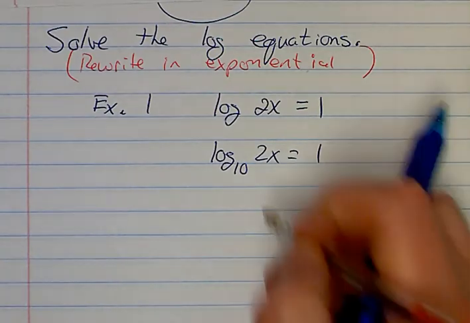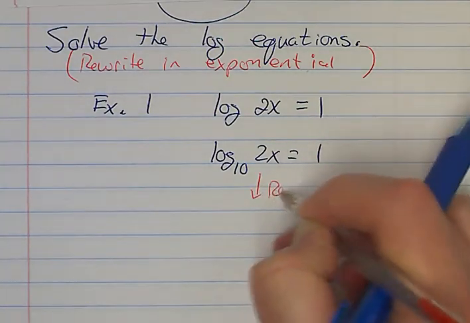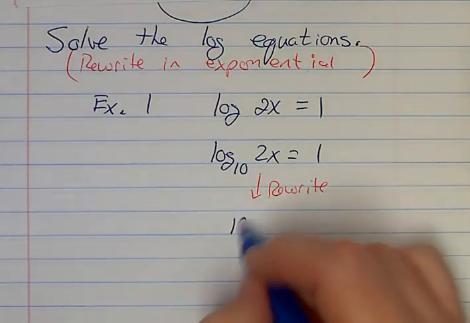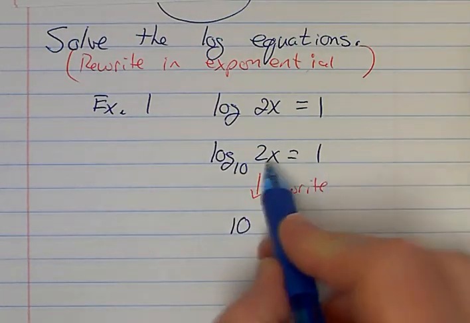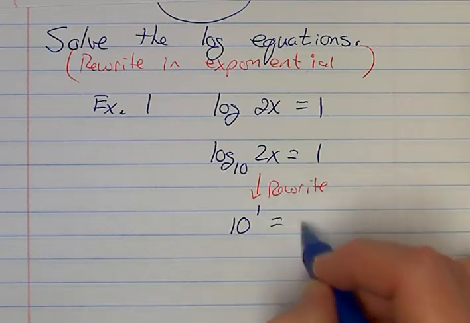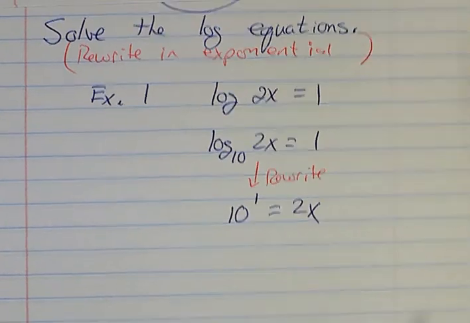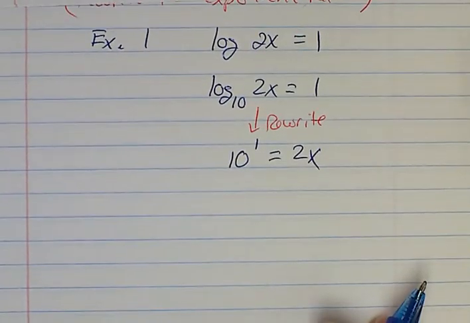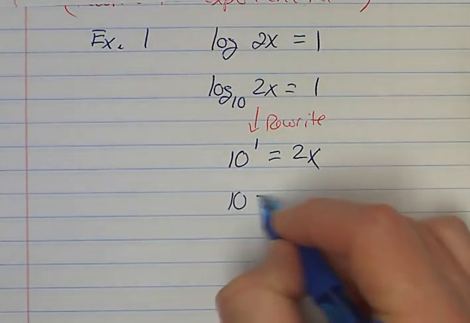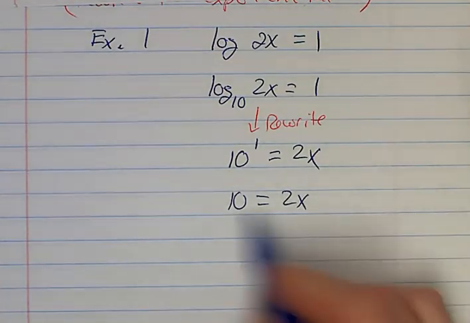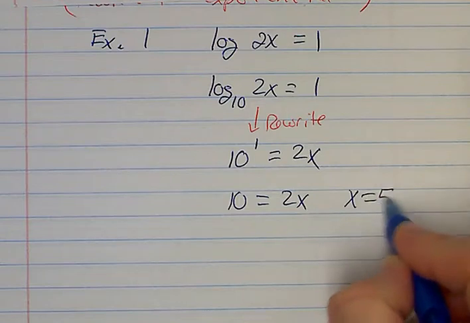And once you've got it here, now you go ahead and rewrite it. The base stays the same, so 10 is your base, and then just switch these two numbers, so it's 10 to the first power equals 2x. And 10 to the first power is about as easy as it gets, because that's just 10. And if 10 equals 2x, divide both sides by 2, so x is 5. There you go.